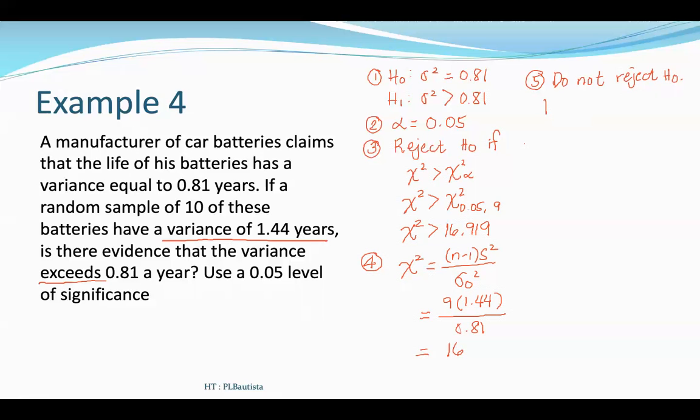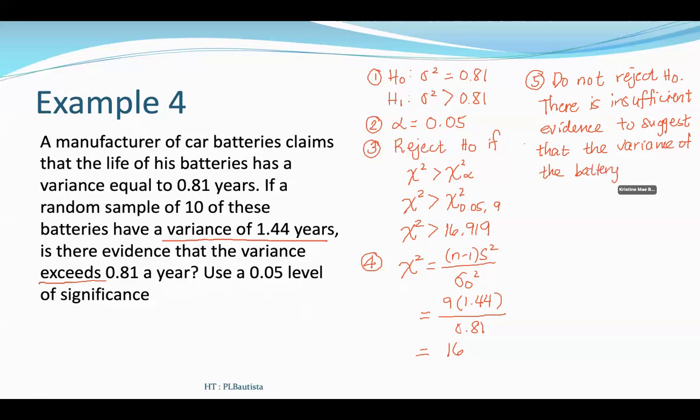There is insufficient evidence to suggest that the variance of the battery lives exceeds 0.81. Okay, so there's not enough evidence to say that the variance actually exceeds 0.81 using a 0.05 level of significance.